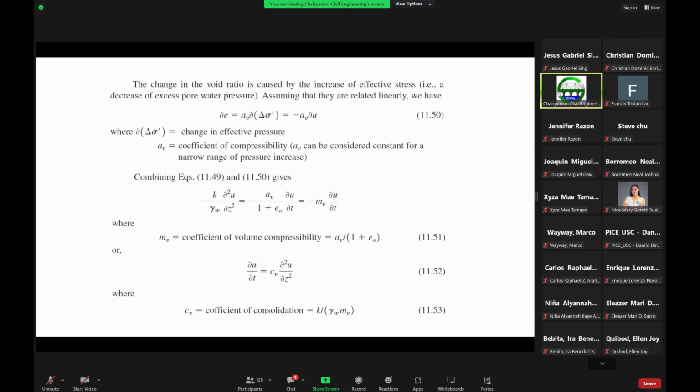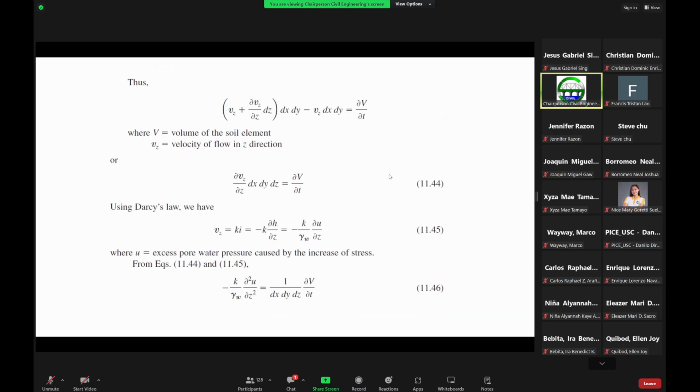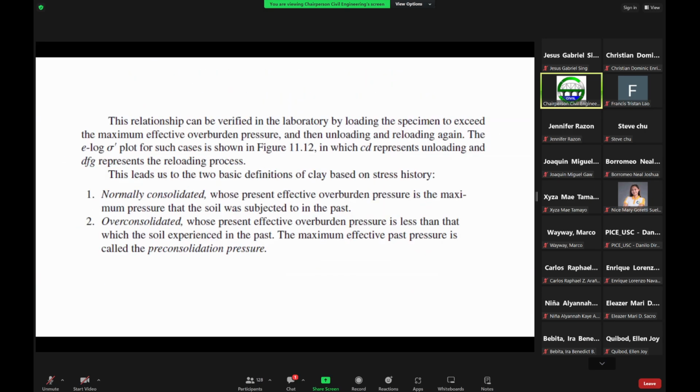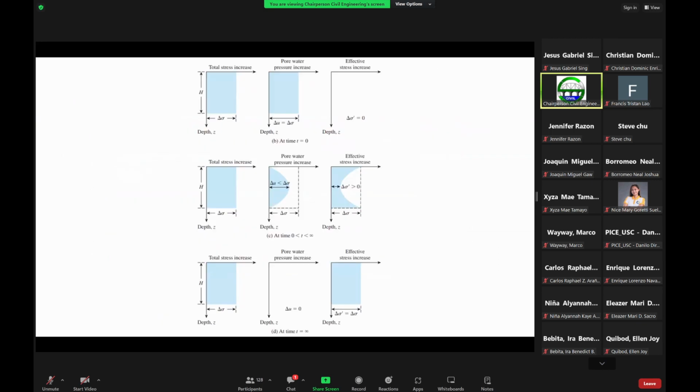Which is in relation to a decrease of the excess pore water pressure. If you try to recall here, yes, this one here. An increase in the effective stress is equivalent to a decrease in the pore water pressure. So that's this one here.